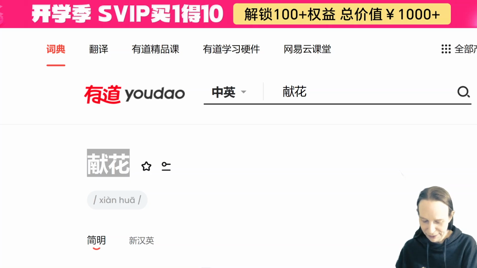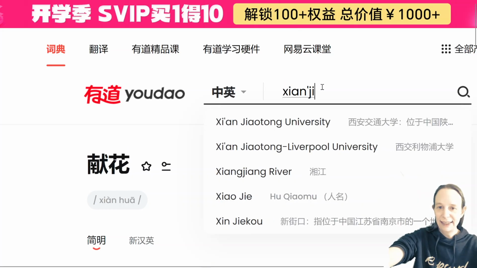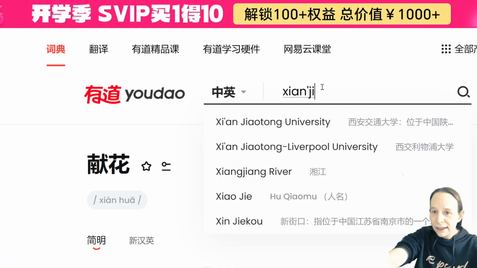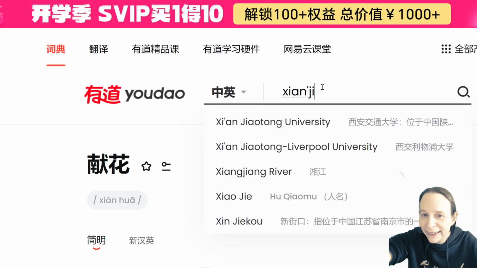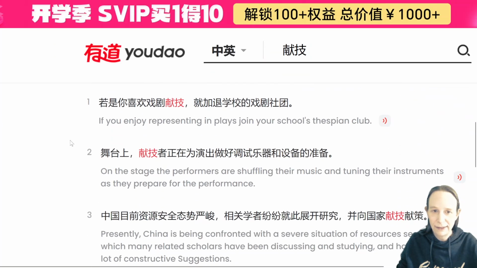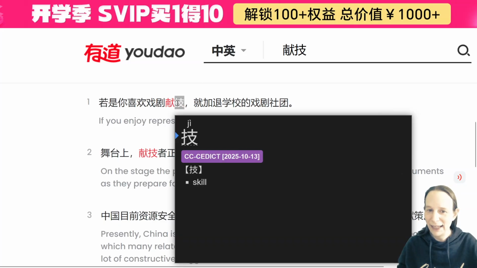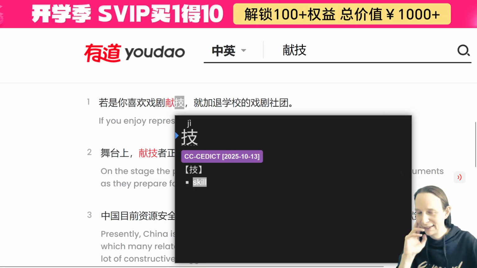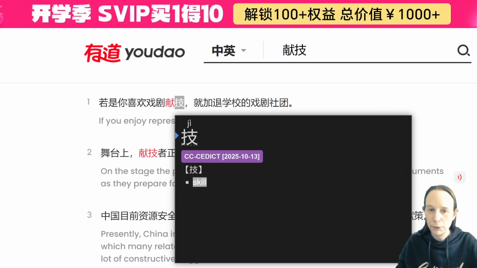The second one is a verb also, 向人表现, to perform in front of someone. 献祭. Sorry, I have to find it. So this is before, this is like, Ji would be like 技能技术.